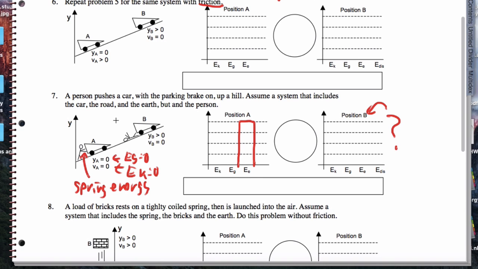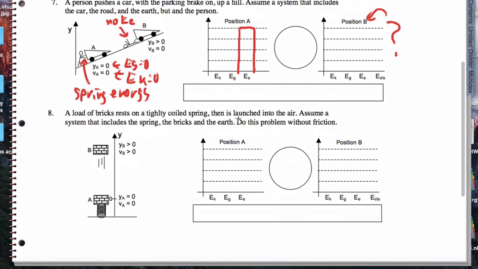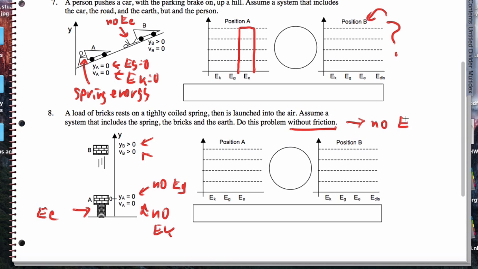I will say, since the person falls over, there's no E elastic at the end. And then here, I'm going to let you figure it out once again. We have E elastic, we have no gravitational energy, and no kinetic energy to start with. And then you have to figure out what's happening here. Notice there's no friction, so there's no E dissipated.